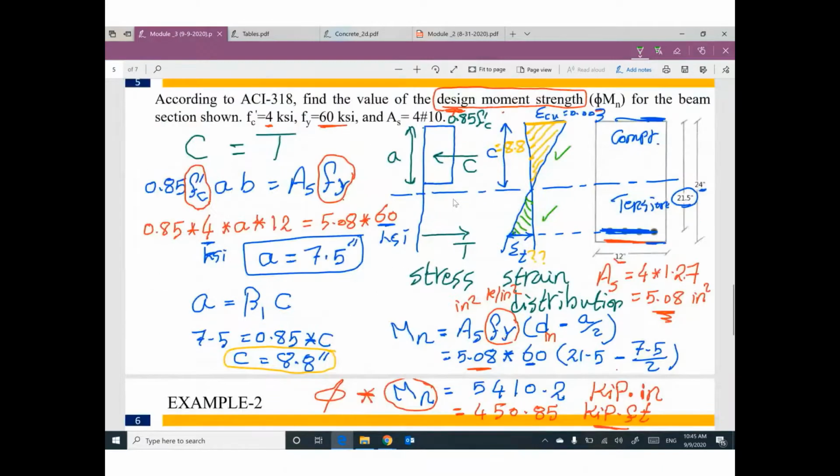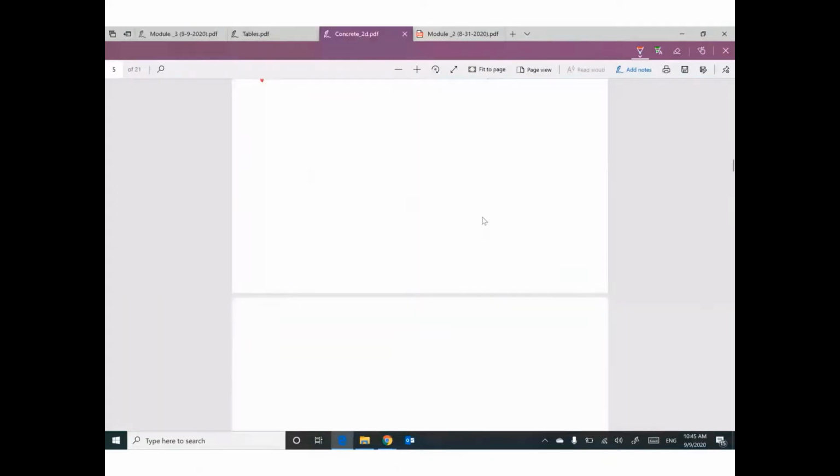Let me do it here. We have this shape, epsilon t, 0.003. This distance is 8.8. So the remaining distance will be 21.45 minus 8.8. How can I get this one?